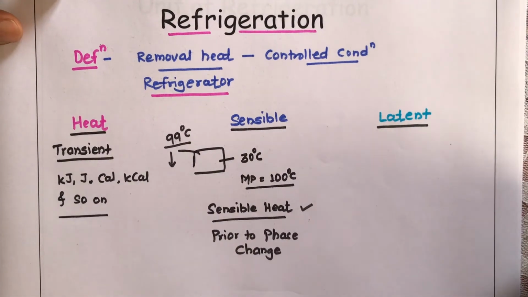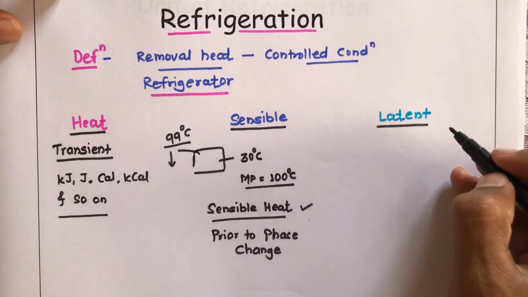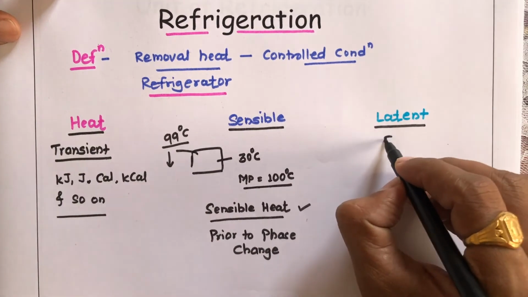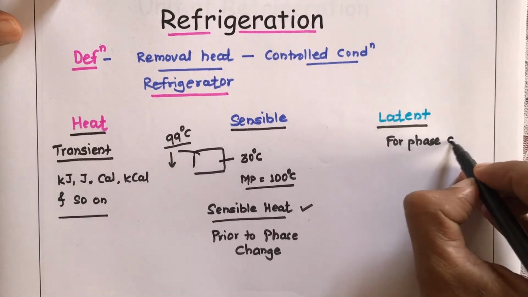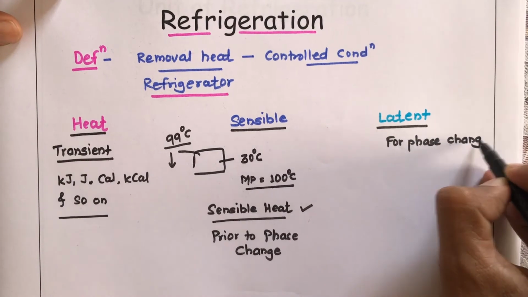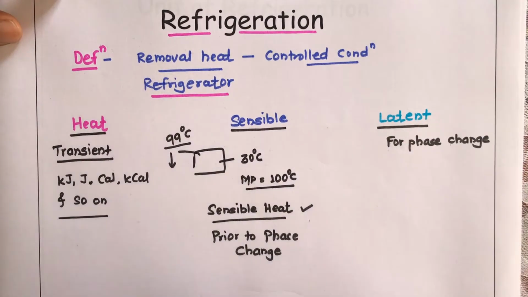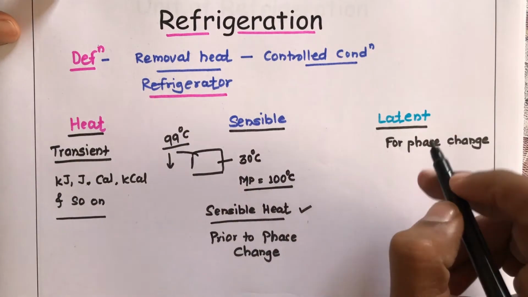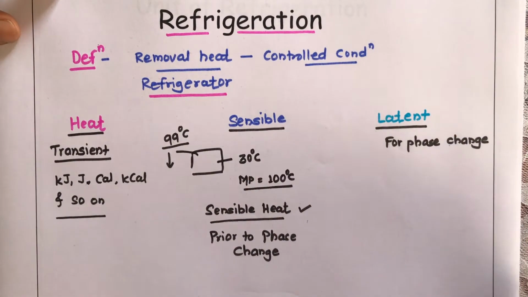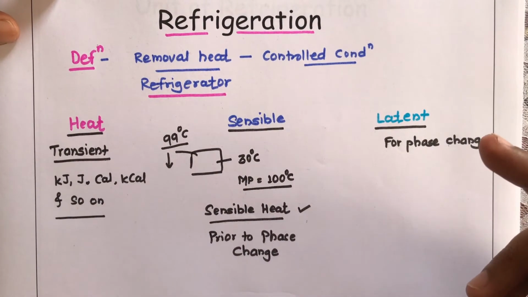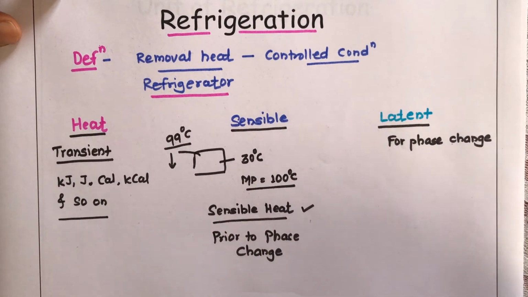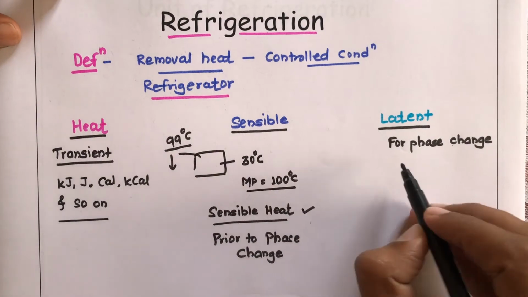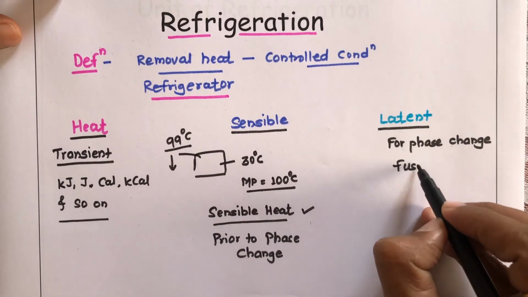Now how can we define latent heat? Latent heat is the heat which is required for a phase change to happen. If I want to have a phase change, then I must supply that latent heat. There are two types of latent heat: latent heat of fusion and latent heat of vaporization. How can we define latent heat of fusion?